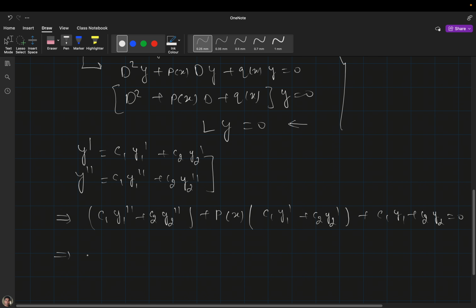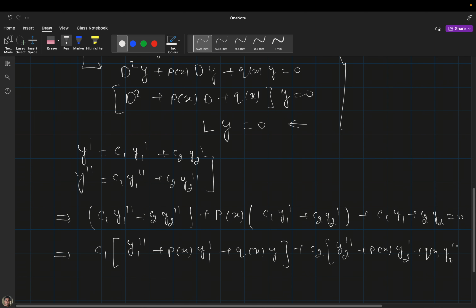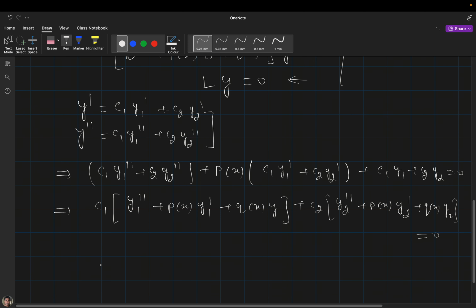Now if you take c1 common, I can write y1 double dash plus p of x y1 single dash plus q of x y1. Similarly if I take c2 common, I can write y2 double dash plus p of x y2 single dash plus q of x y2 equals 0.